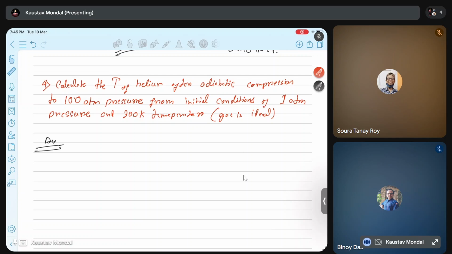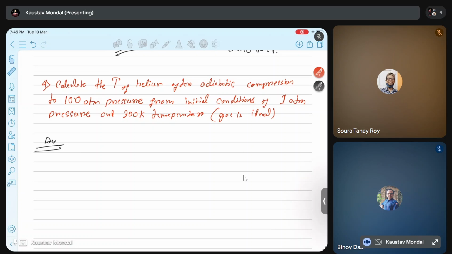So basically you compress the gas from the initial condition, that is 1 atm pressure and 300 Kelvin temperature, to 10 atm pressure adiabatically. So you have to find the final temperature.